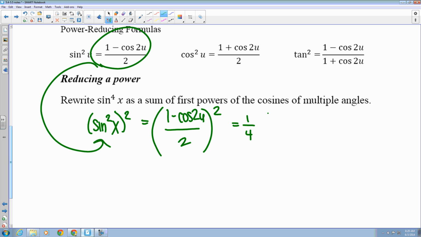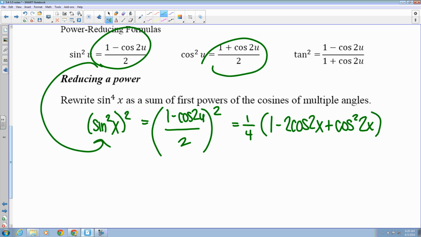If I do that, I have 1 minus cosine 2x plus cosine squared 2x. And then I'm going to use the cosine power reducing formula right there.